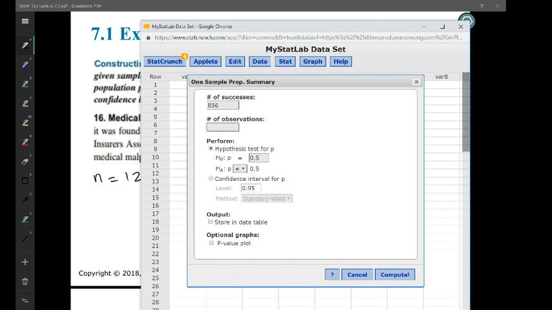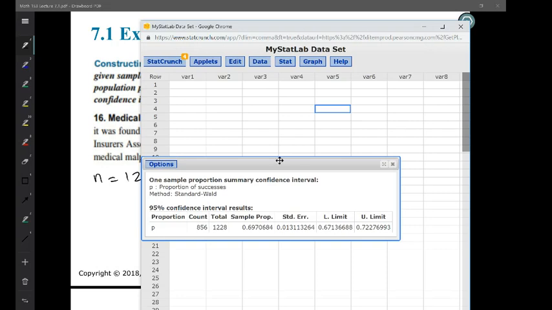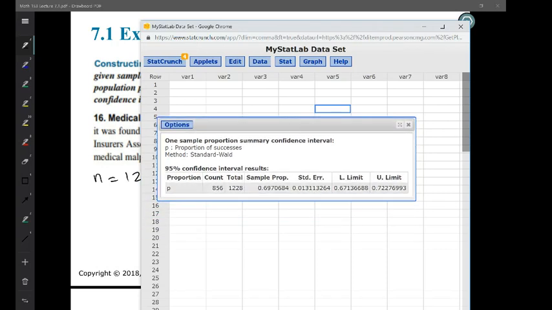The number of observations was the total number of lawsuits. So 1,228. Then click on confidence interval, and it's already at 0.95, which is a 95% confidence interval. And then hit compute. So it gives us our sample proportion, and it gives us the left and right limits.